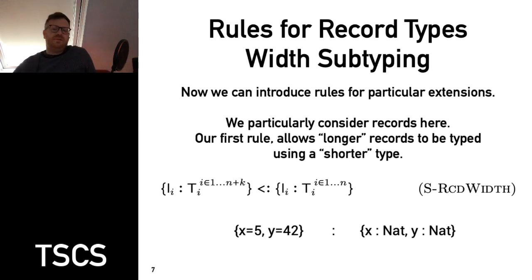So a subtype of a record can be longer than a shorter type. However, the types of the part on the left side need to match the types on the right side, at least up to n. We don't have any information for those going up to n plus k, but at least from 1 to n, this needs to work.